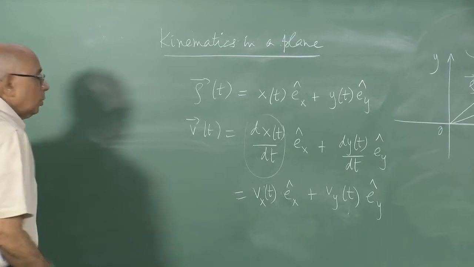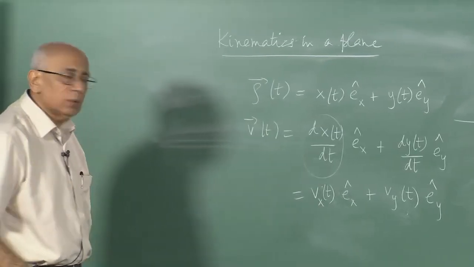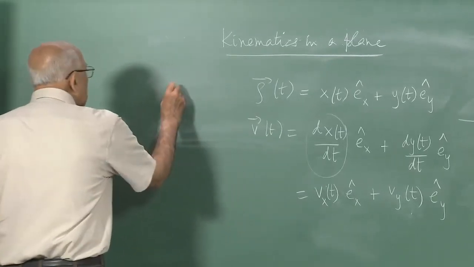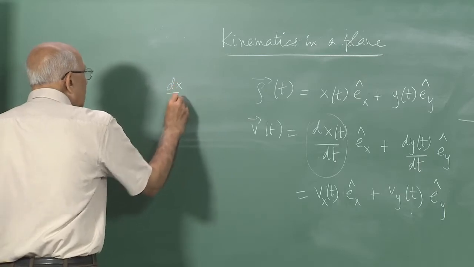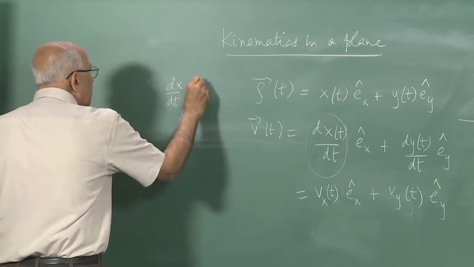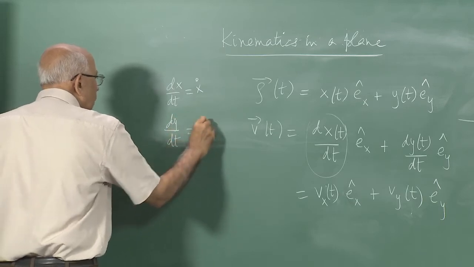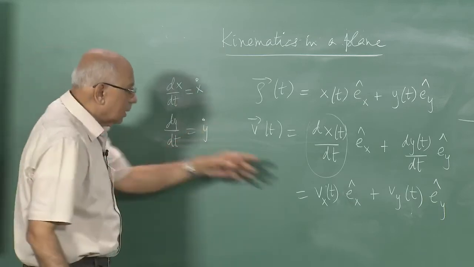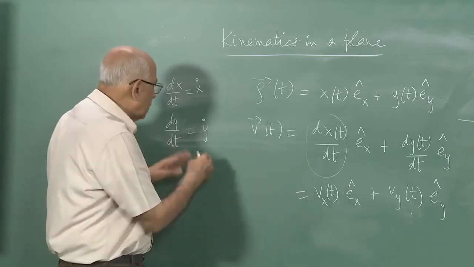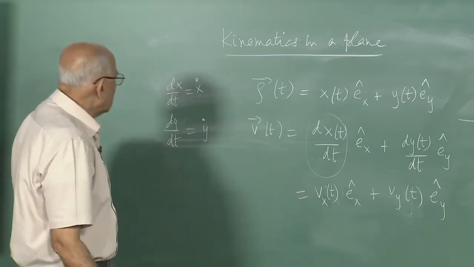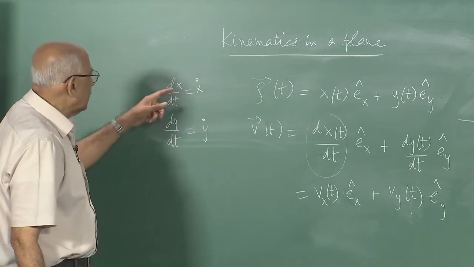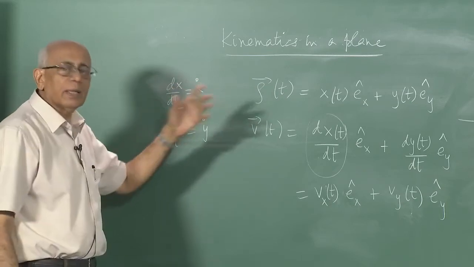Very often one uses an overhead dot to indicate the time derivative. So very often one uses a shorthand notation in which this is x dot and dy over dt is written as y dot, and x dot is in this case a function of time and y dot itself is a function of time. The next derivative, the second derivative, will involve a double dot there and so on.